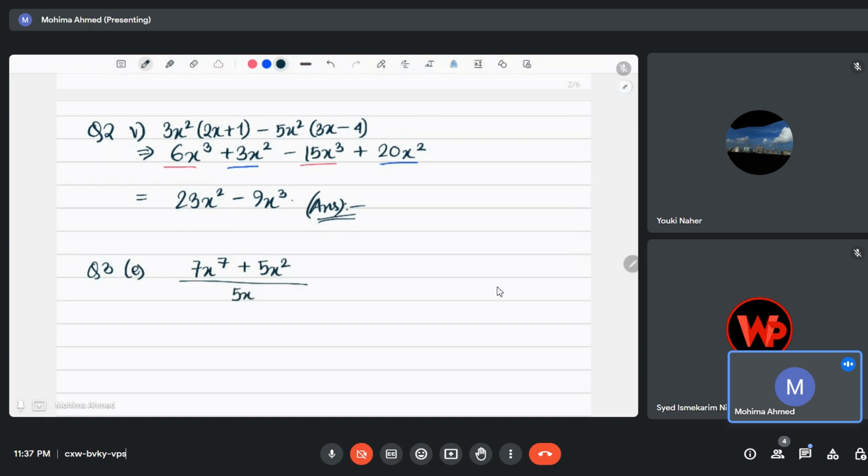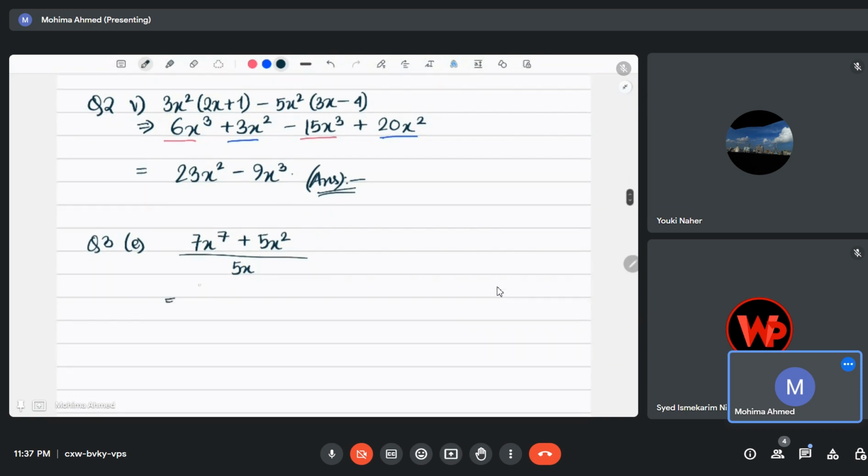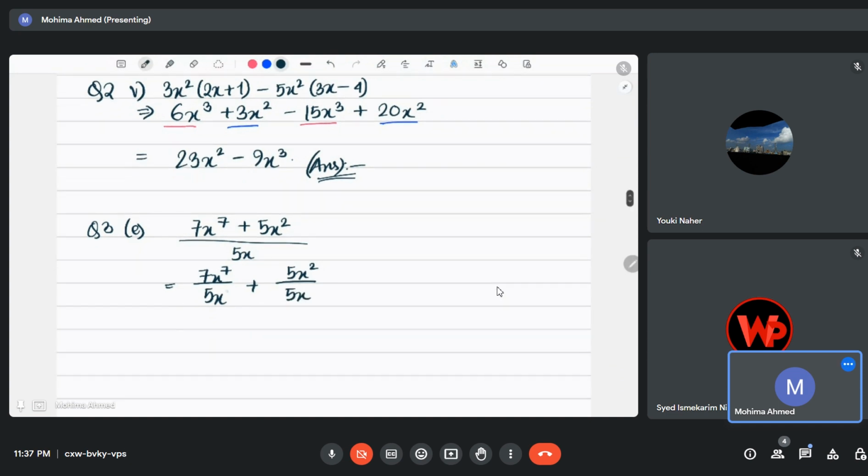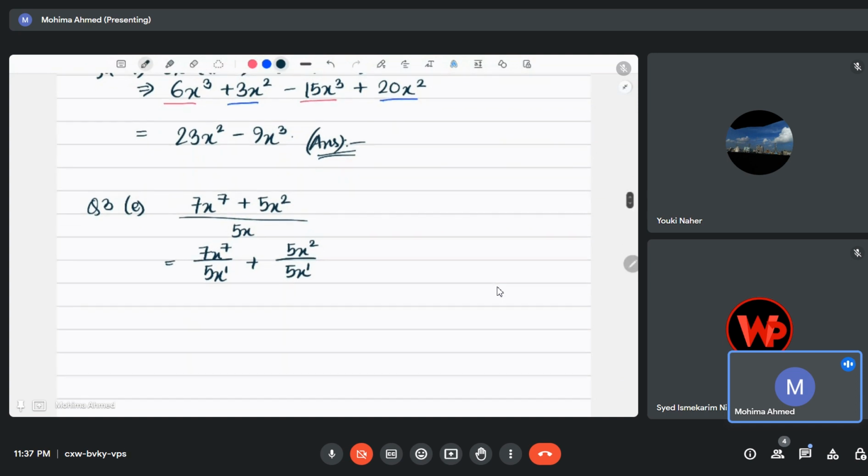Now over here, the denominator only has 5x, right? It also indicates that both 7x power 7 is divided by 5x, and lastly, this 5x squared was also divided by 5x. Now, the only x represents that it has a power of 1, so you can write 7 over 5 x to the power 7 minus 1.